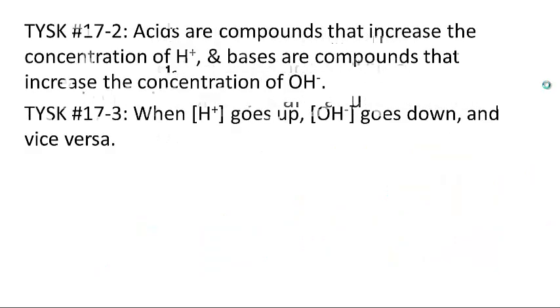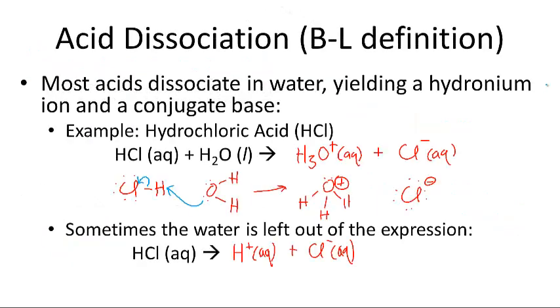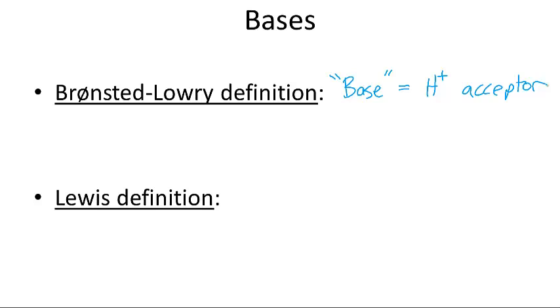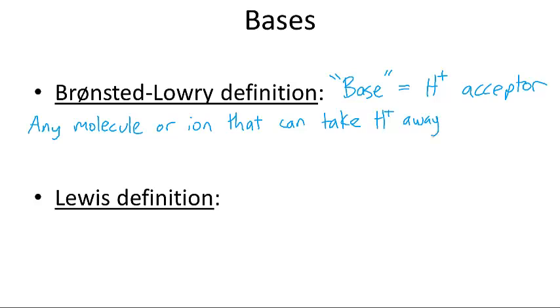There's a simpler way to think of it too. If I put an H+ acceptor into water, who's it going to take H+ from? Water. And what does that produce? OH-. So a base is any molecule or ion that can take H+ away from water to produce OH-.